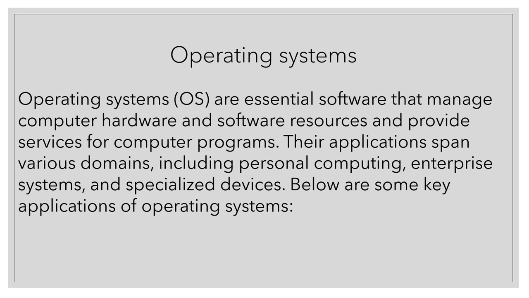An operating system is essential software that manages the computer hardware and software resources and provides services for computer programs, and their applications span various domains, including personal computing, enterprise systems, and specialized devices. Below, we have some key applications of operating systems. I will explain one by one.